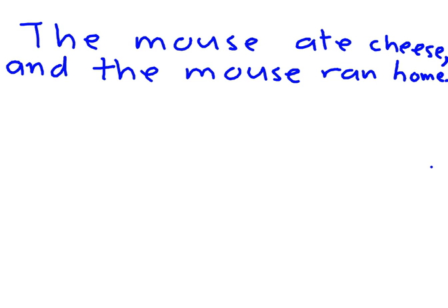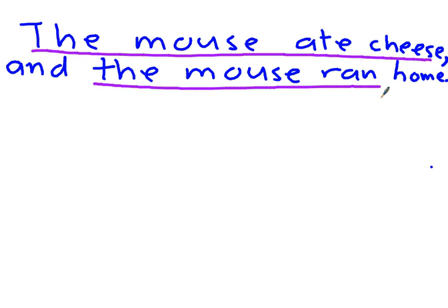I have 2 complete simple sentences in this compound sentence. What is it? The mouse ate cheese and the mouse ran home. Boom. Those are my 2 complete sentences. I use a comma and a conjunction in between. Alright, does that make sense?